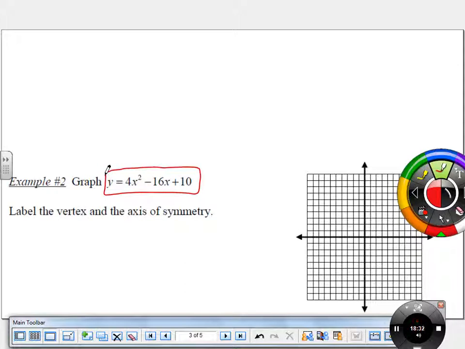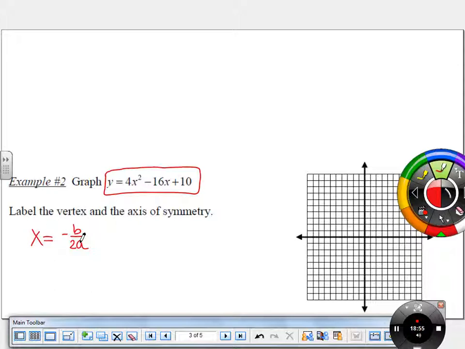Remember that when we looked at the PowerPoint of all these different forms of the equation, this was considered the standard form of the equation. And there was a formula that went with that. This formula specifically figured out for us the x value for the vertex as well as the axis of symmetry.